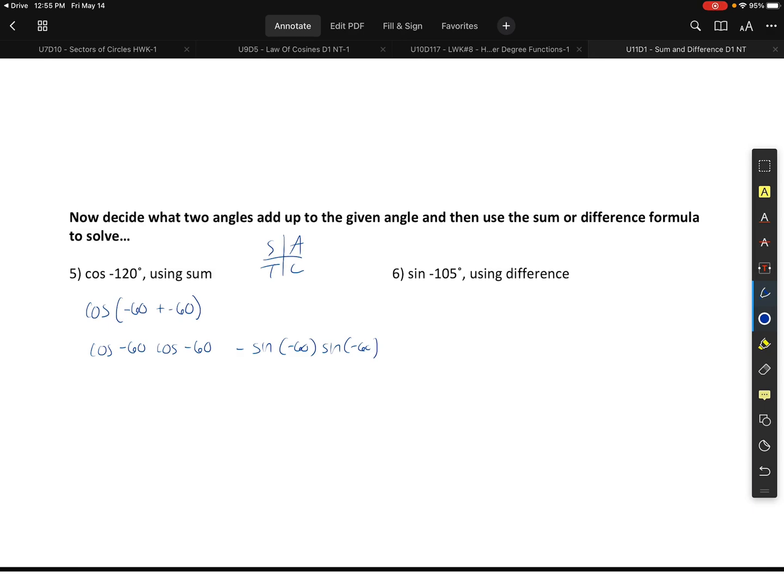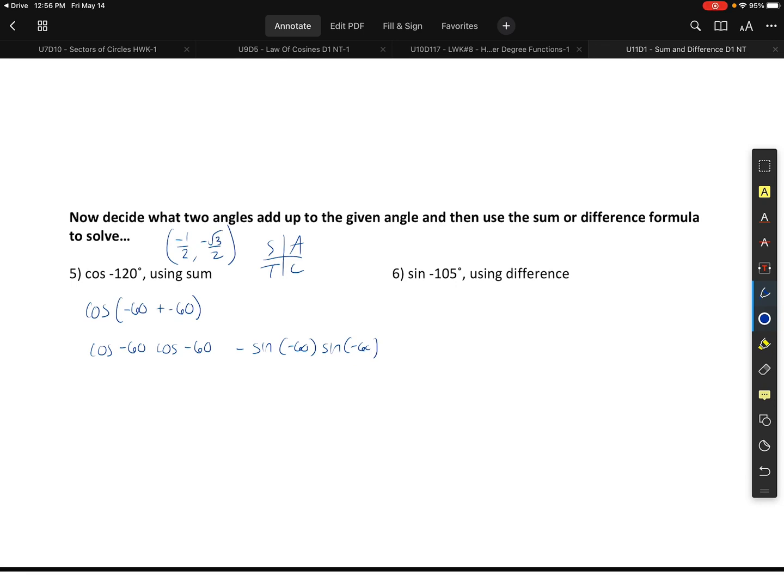We got the point of 1/2, negative rad 3 over 2. Hold on one second. Negative 120 degrees puts us in the third quadrant, plus 360. So we got the point of negative 1/2, negative rad 3 over 2.